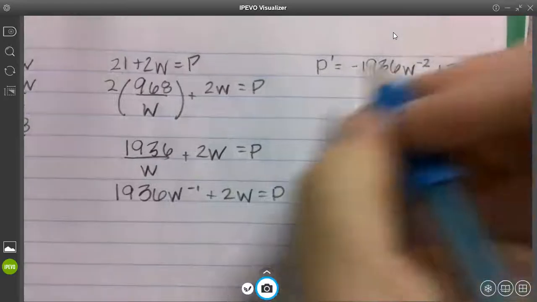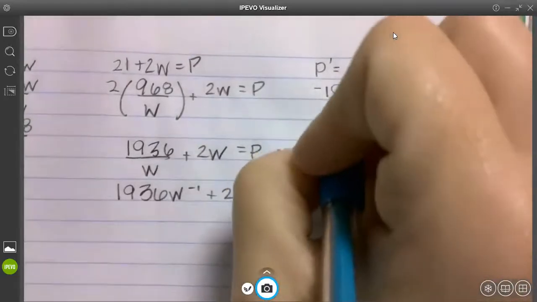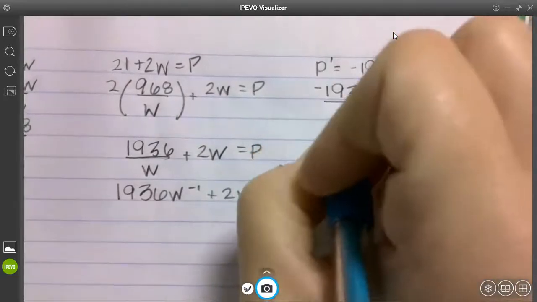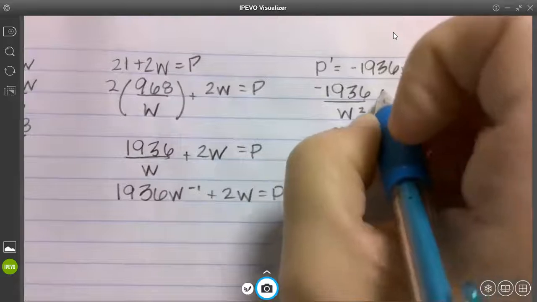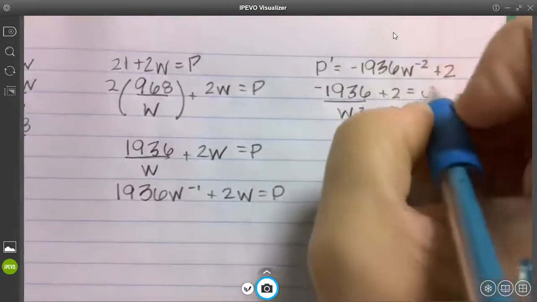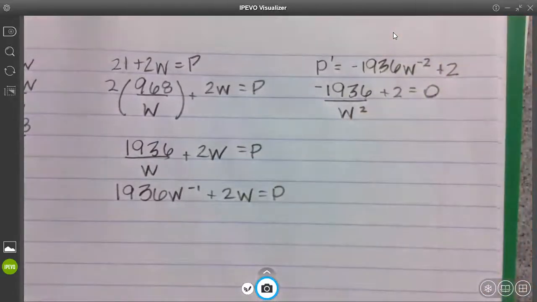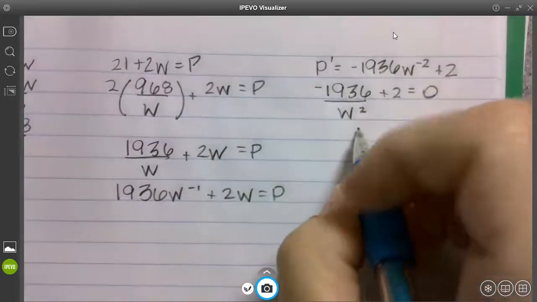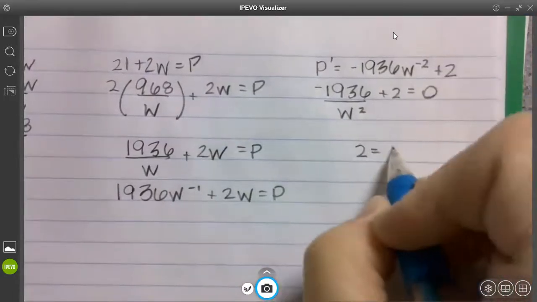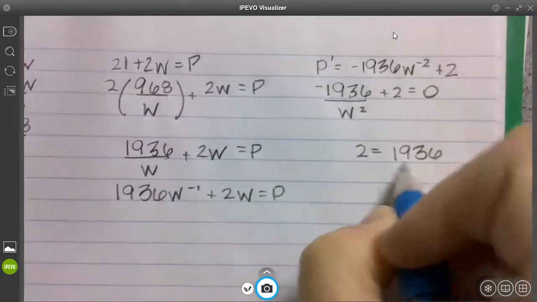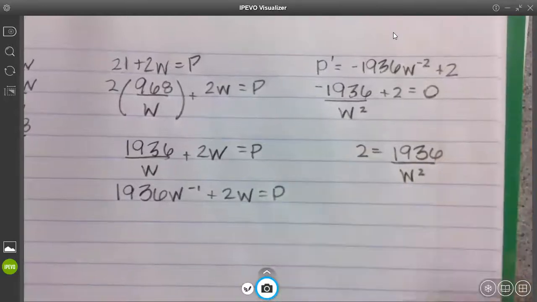We're going to set that derivative equal to 0. So I'm going to rewrite it. 1936 over W squared plus 2 is equal to 0. I'm going to go ahead and add that 1936 to the other side. So we get 2 equals 1936 over W squared.